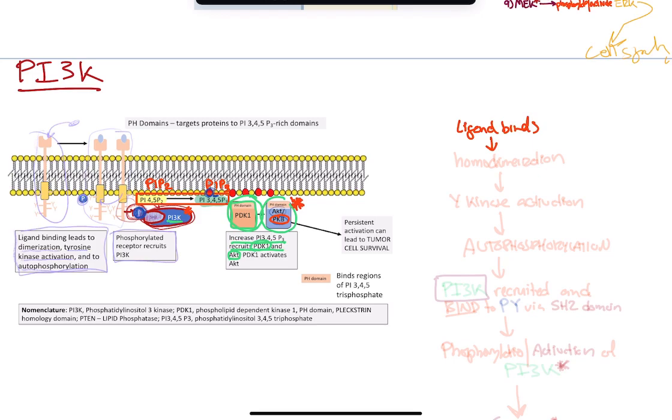Ligand binds, which causes homodimerization, which causes tyrosine kinase activation, right? In that catalytic unit, on the cytosolic catalytic unit. Autophosphorylation, we know what that is by now.